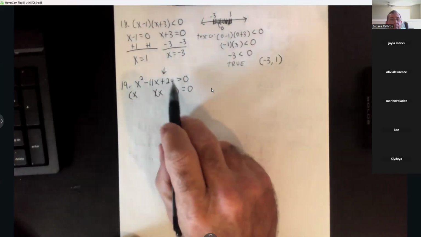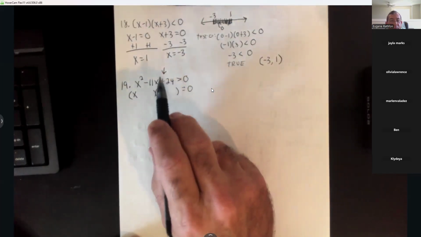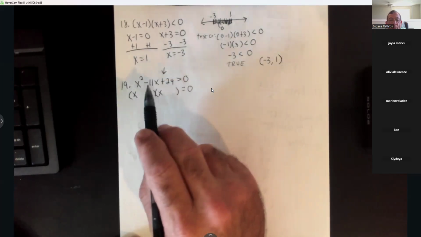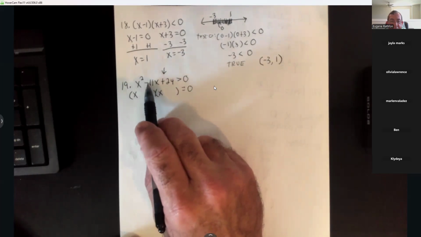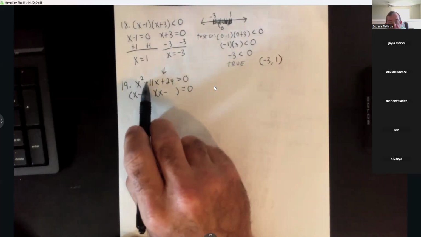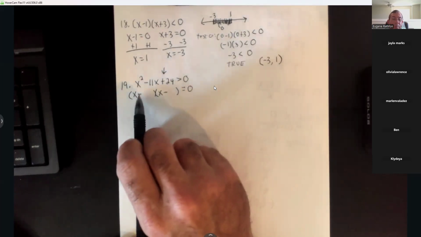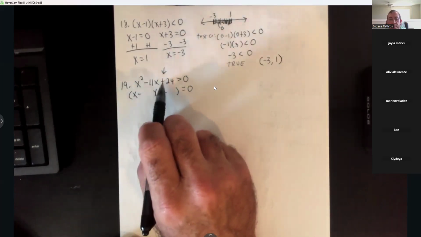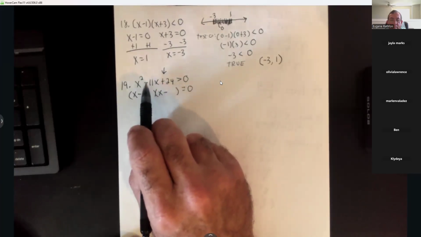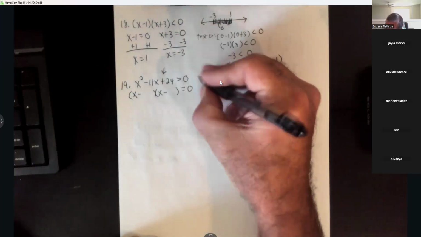Now y'all, watch this. The last sign's positive. If the last sign's positive on these polynomials, both signs will be negative like the middle. And if that was a plus 11x, both of these would be positive like the middle. So if the last one's positive, both of the factors have to have the same sign as the middle.